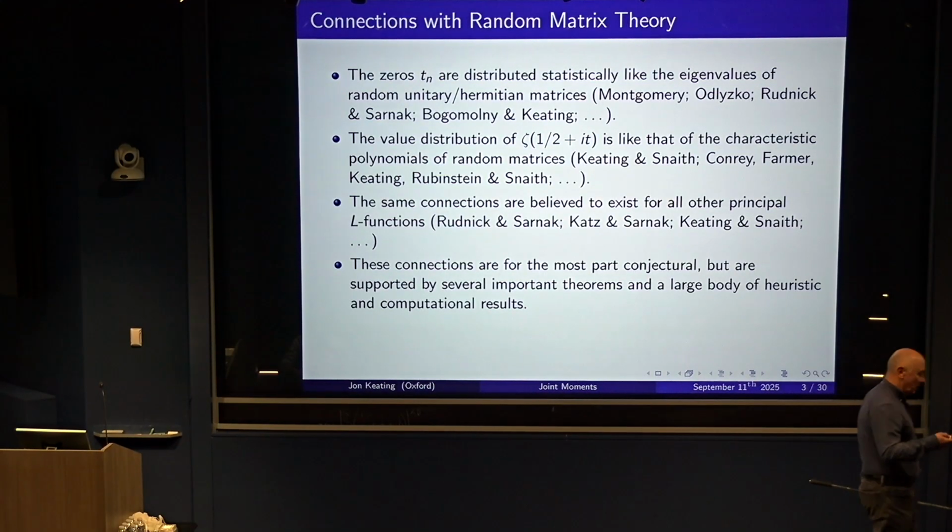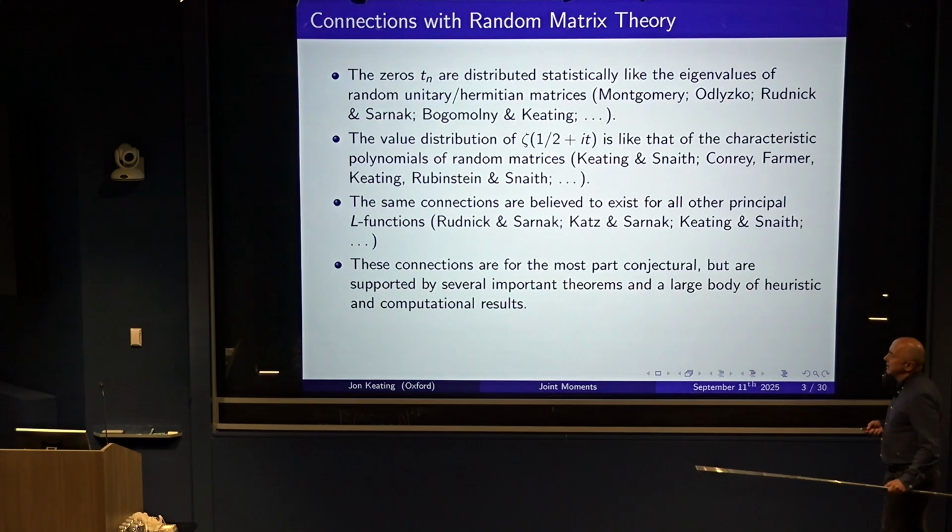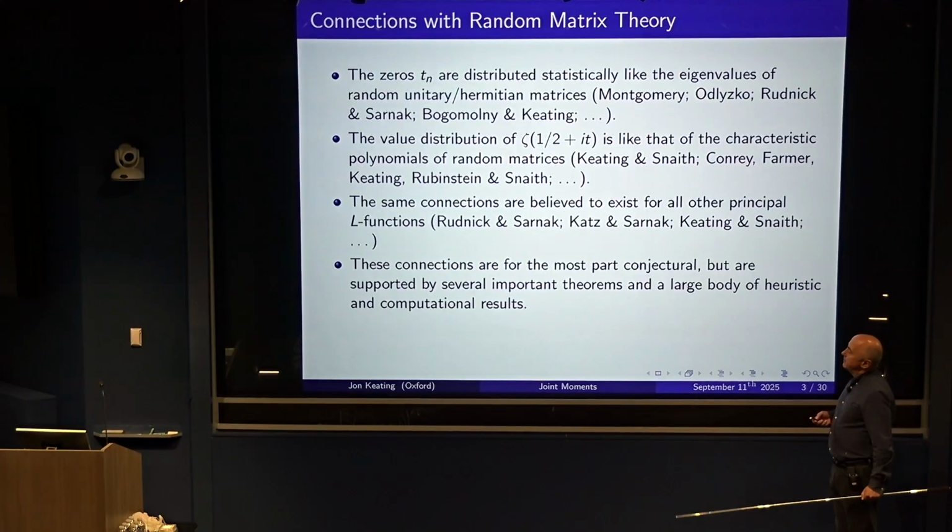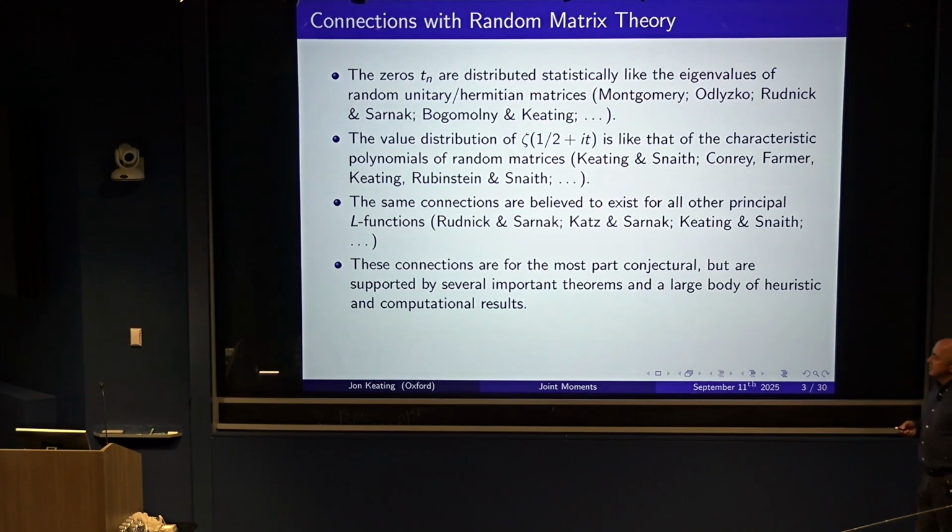There are theorems that one can prove that are consistent with this picture, and lots of numerical evidence and lots of heuristics, but we're still far from a full rigorous understanding of these connections. But the evidence in support of this is now pretty strong, and so I'm going to take this as read, if you like, and do lots of calculations in random matrix theory that, for reasons I'll explain, will tell us about the Riemann zeta function and other L functions.